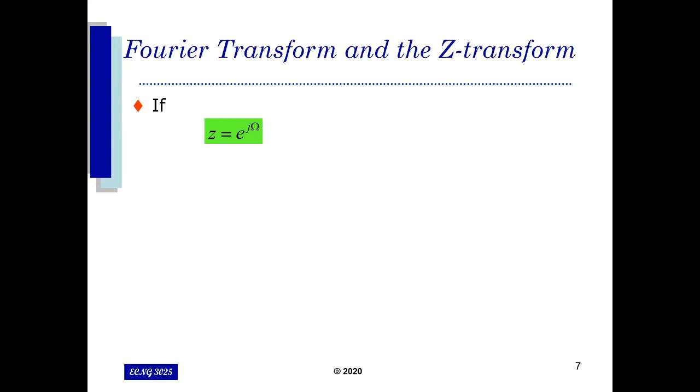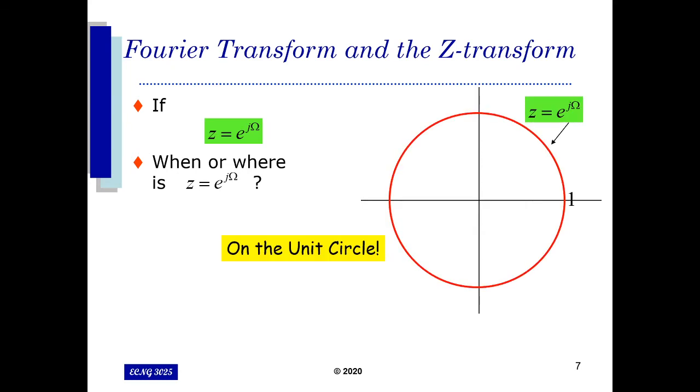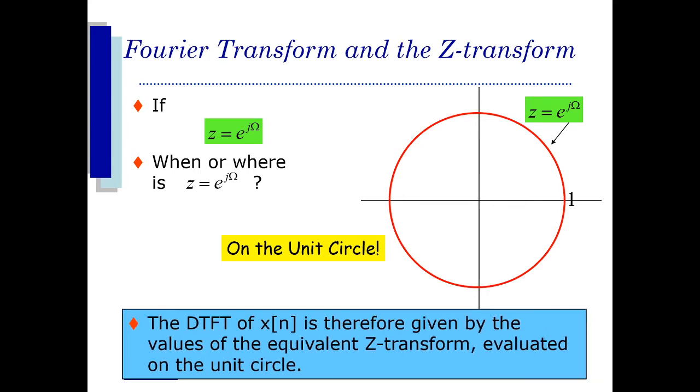So if z is equal to e to the power j capital omega, and we ask ourselves where this is going to exist, in the unit circle plot, this is basically going to be on the unit circle itself. So our DTFT equivalent of x of n is given by the values of the equivalent z transform evaluated on the unit circle.